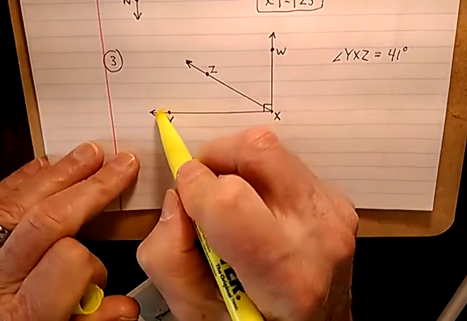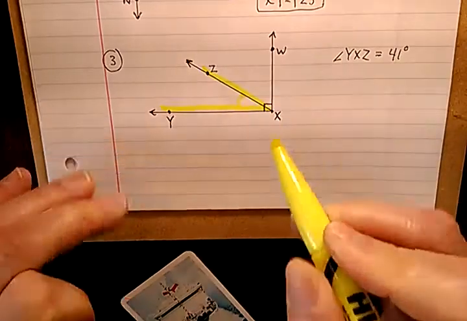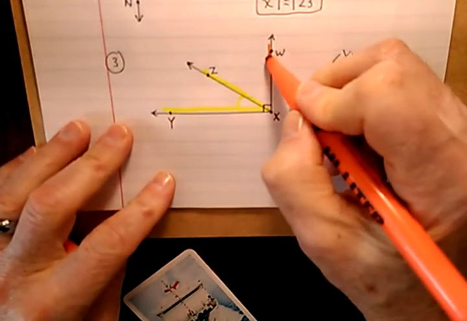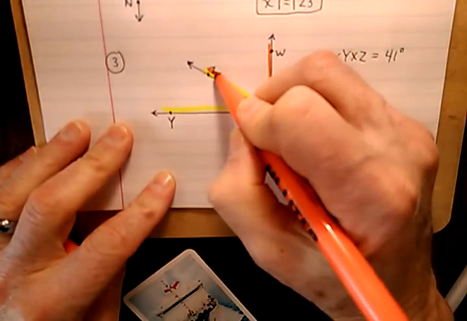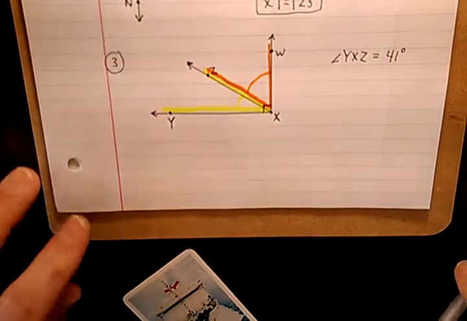Angle YXZ is 41 degrees. And then we're going to say that angle WXZ, this one, is unknown. We don't know what that is.